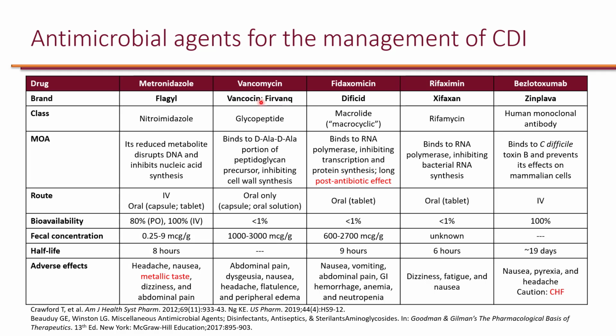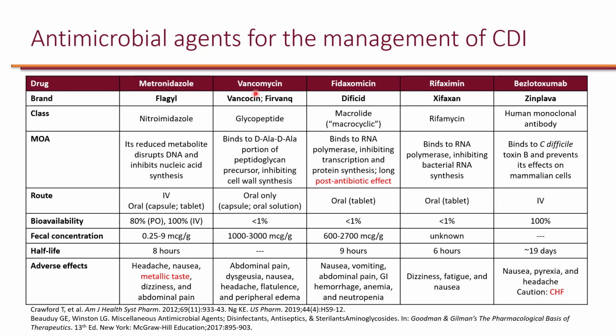For vancomycin, we have two oral formulations. We have vancomycin, which is basically a capsule, and we have more recently Firvanq, which is an oral solution. Now, because these oral formulations of vancomycin are very expensive, in the hospital we can use the IV formulation of vancomycin as oral, because the IV formulation, which is meant for injection, is quite inexpensive, and you can give it orally.